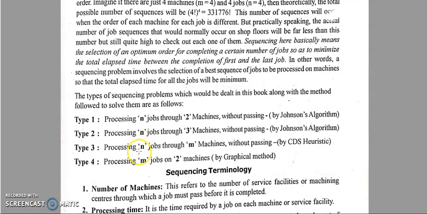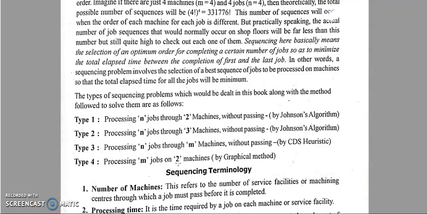In the third kind, there are n jobs and m machines, but the number of jobs should not be equal to the number of machines. For example, 4 jobs and 3 machines, or 5 jobs and 4 machines. And then we have n jobs but 2 machines. Then how will you find the total minimum time?